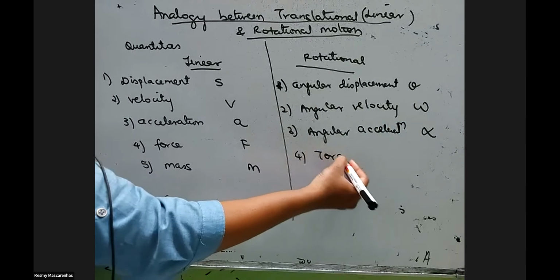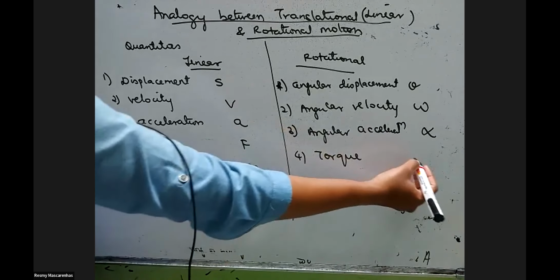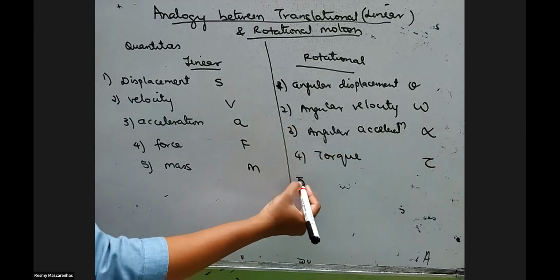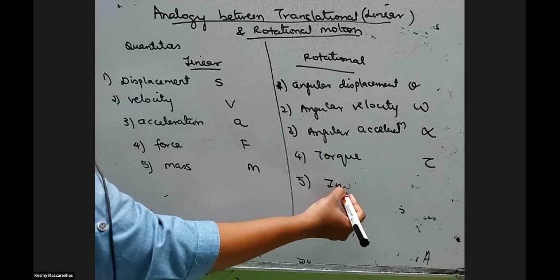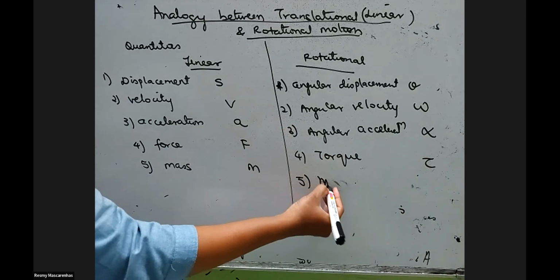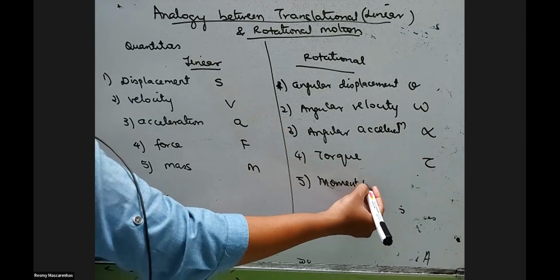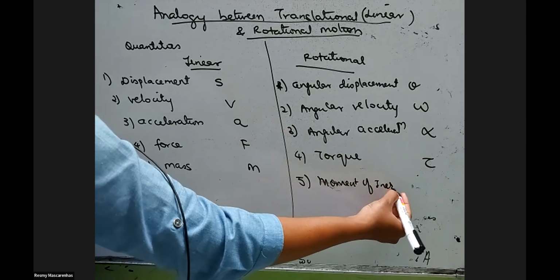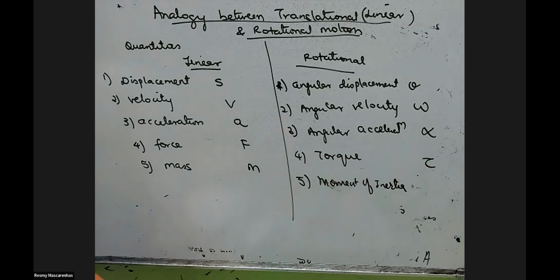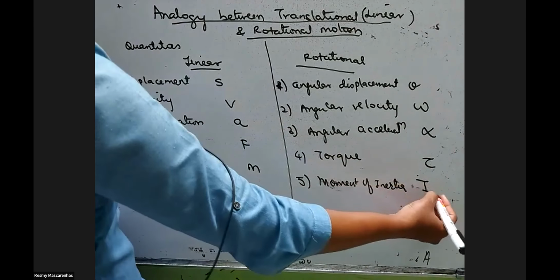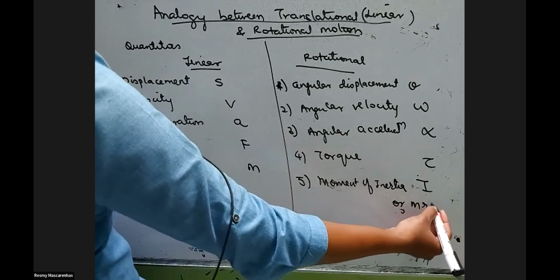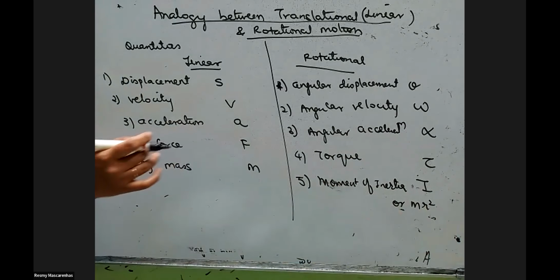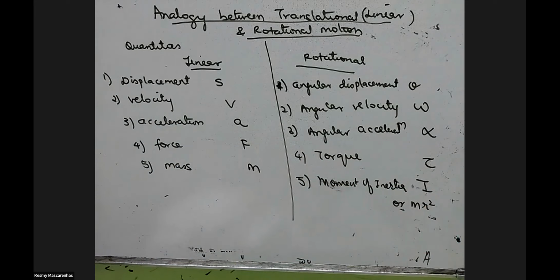This is called torque instead of force, that is tau. Instead of mass, it is called moment of inertia, I, or mr squared. So these are the quantities.